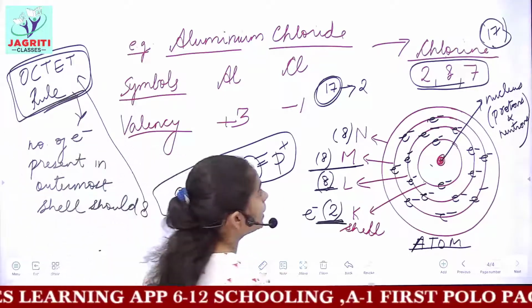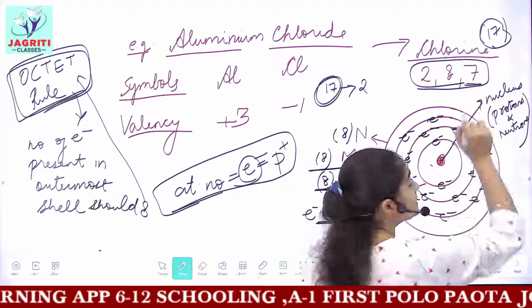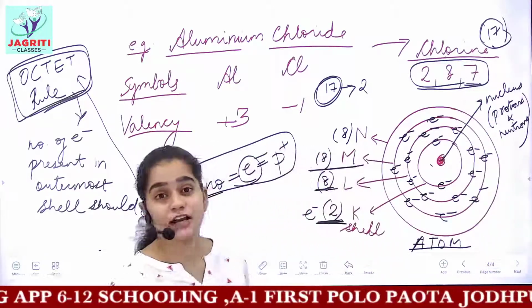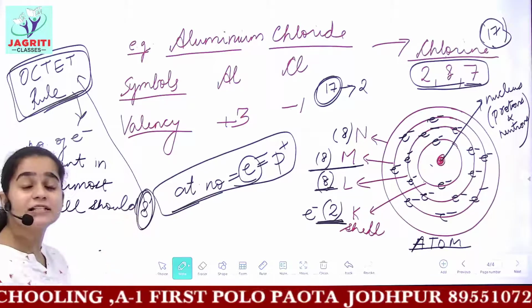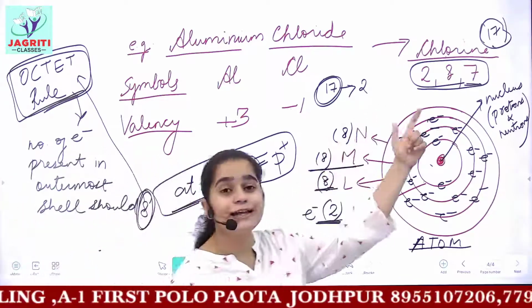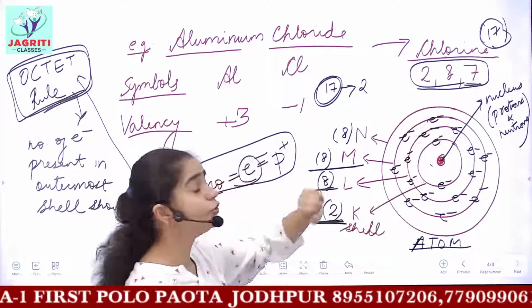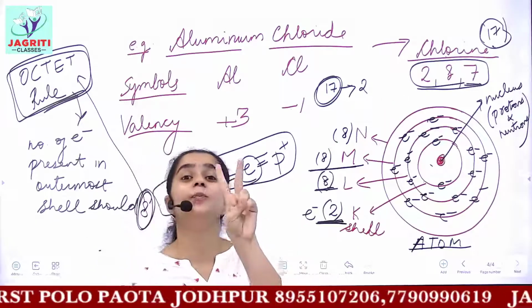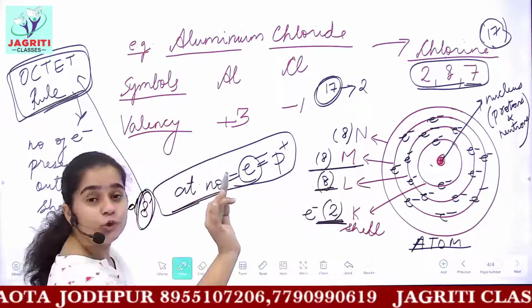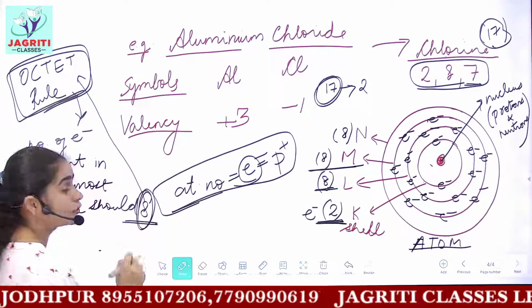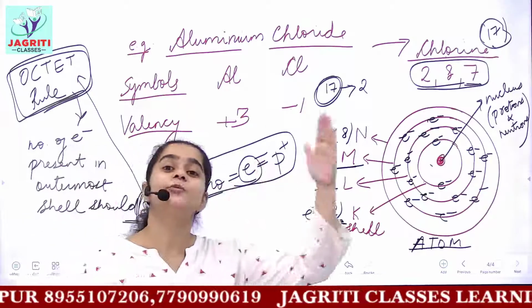But here, discussing chlorine, we have only 7 electrons in the last shell. And according to the octet rule, in the last shell, how many electrons should be present? 8. So this chlorine is not stable. Now to attain stability, it has 2 possible ways. Our aim is to make 8 electrons in the outermost shell.